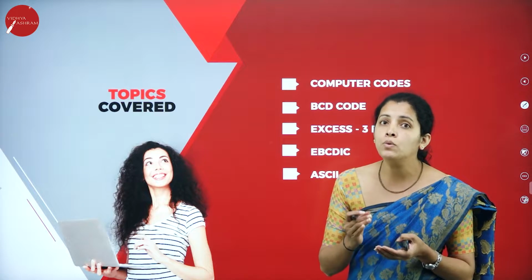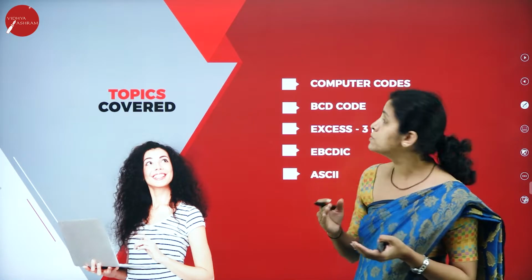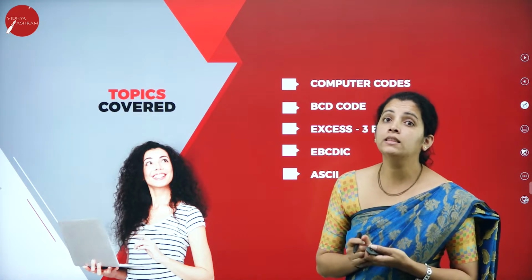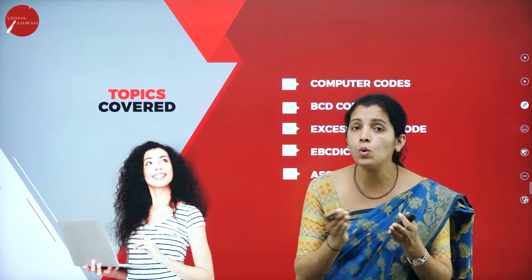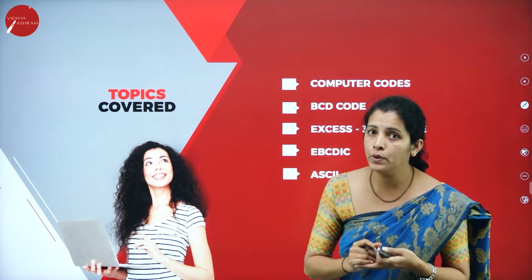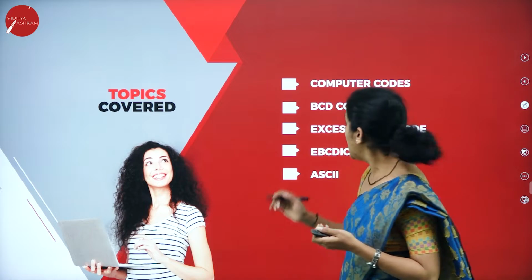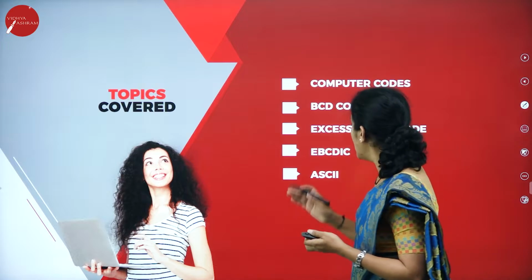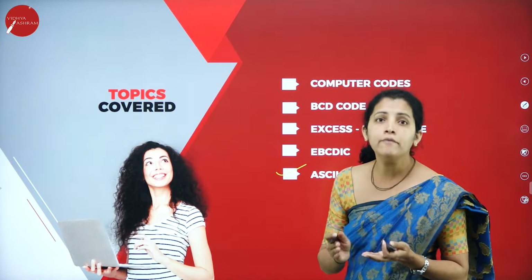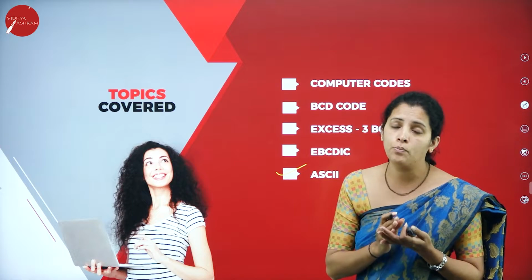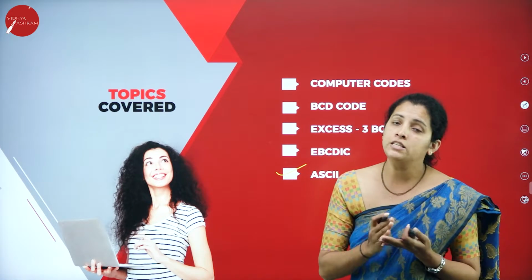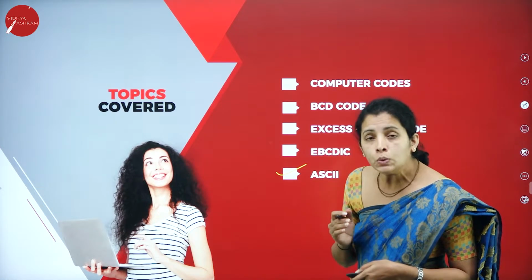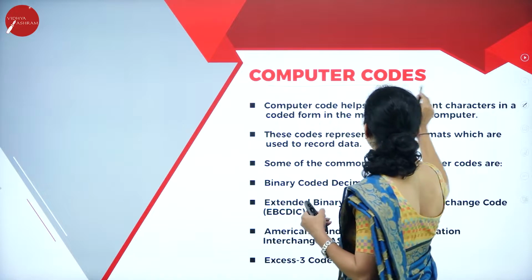Along with that, we are going to study the different types of computer codes supported by the computer system: BCD, Xs3, EBCDIC, along with ASCII. We are going to study all these topics in depth. Instead of wasting much time, let's dive directly into today's session, that is computer codes.